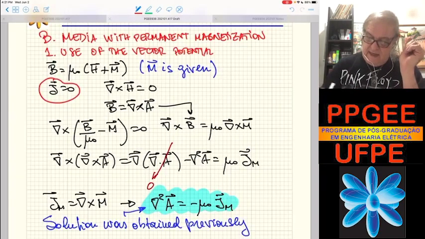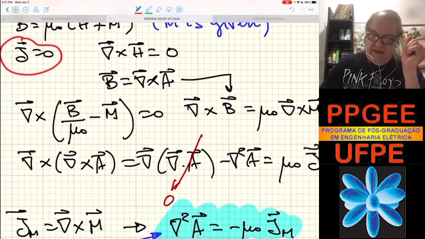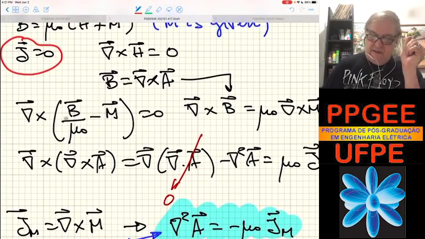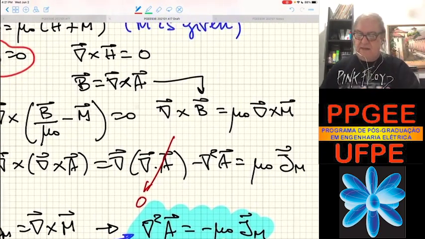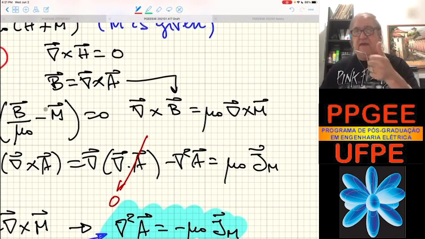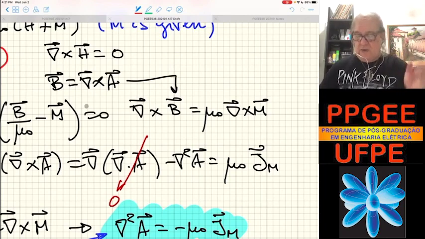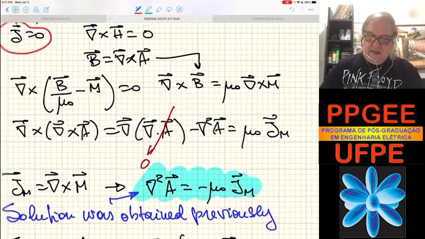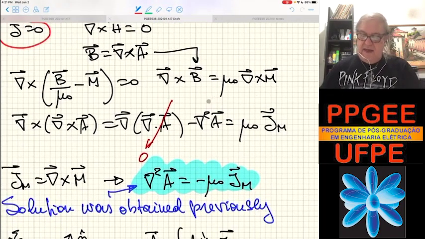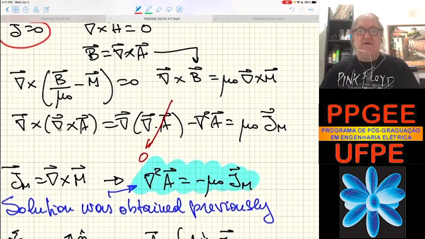So let's go back there. So that's what we have. We have this equation here. So we separate the terms. M is given, B is the unknown. So we have a curl of B equal to something given on the right hand side. And then we go again, right? Curl of H, recalling divergence of A equals 0.